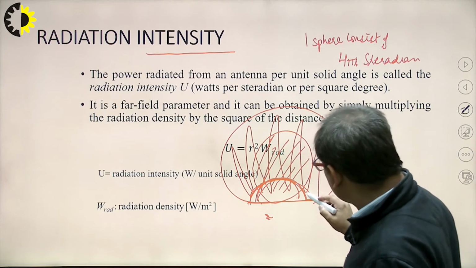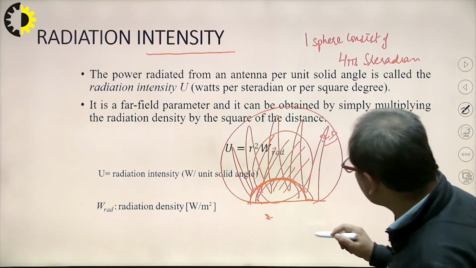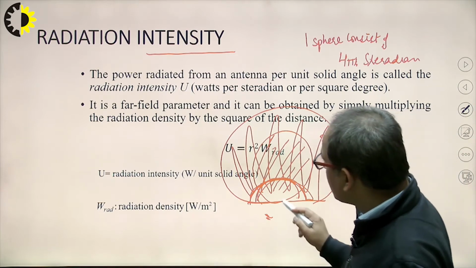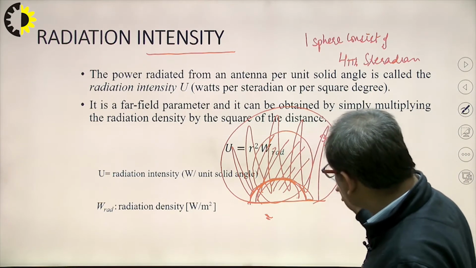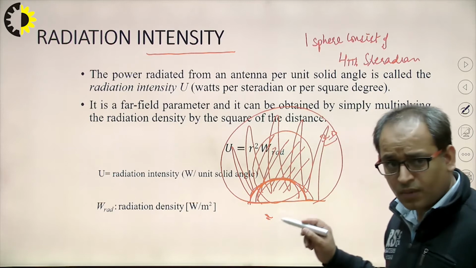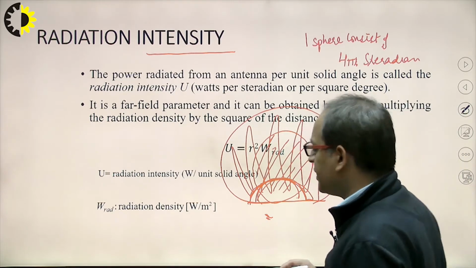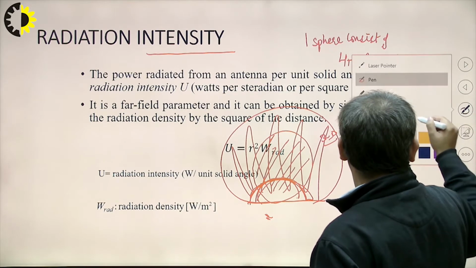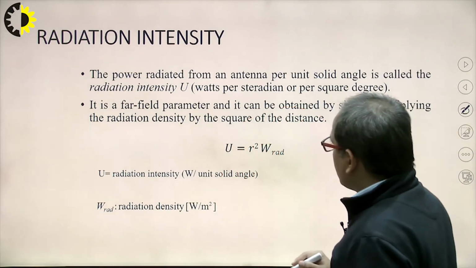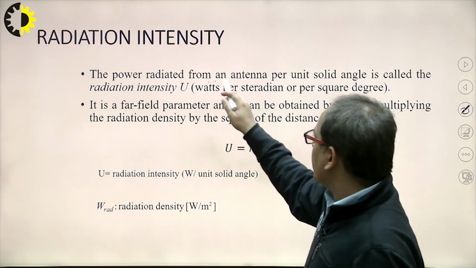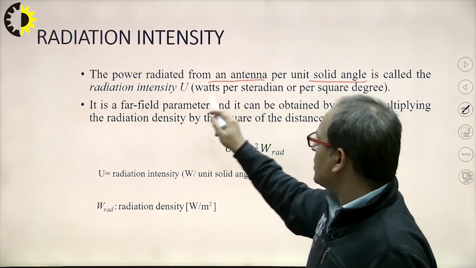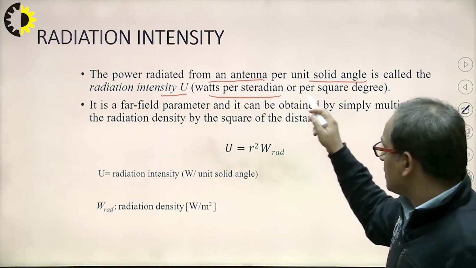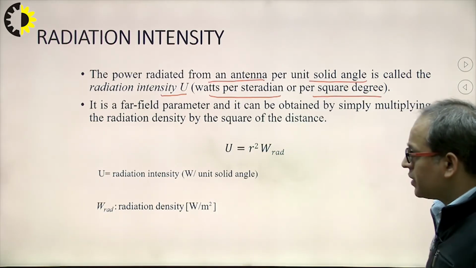Per unit solid angle, or per steradian, it radiates some power, and that is known as the radiation intensity. Clear? So the power radiated from an antenna per unit solid angle is the radiation intensity, measured in watt per steradian.